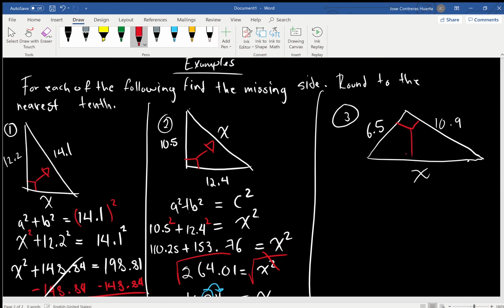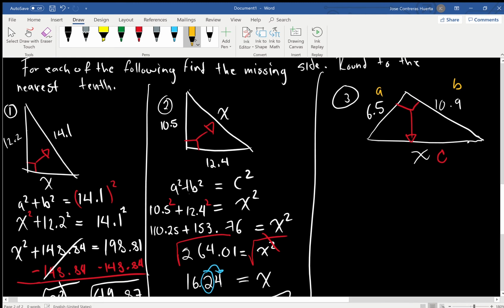Because it's opposite to the 90-degree angle. So my x is actually going to be my c. And then the other two are going to be a and b, in whichever order you wish to put them. It could also be that maybe you want this one to be b and this one to be a. Remember, for the smaller sides, the order does not matter. But what does matter is which one is c.